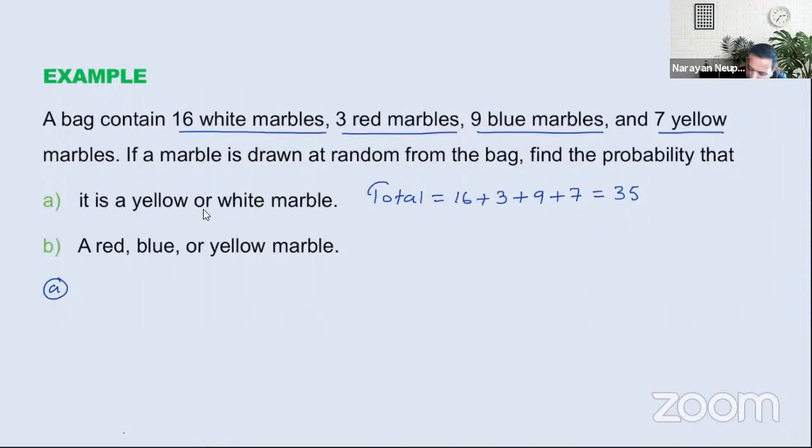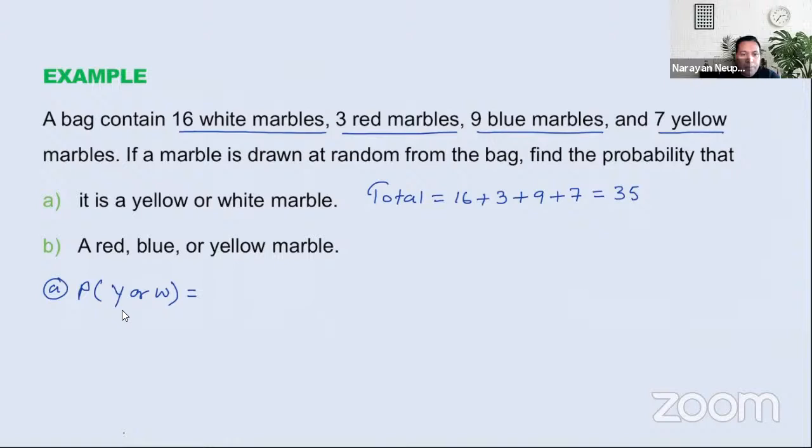A yellow marble cannot be white and white cannot be yellow, so there is nothing in common. This has or, so it is the addition rule, and since nothing is common between the two events, they are mutually exclusive events.